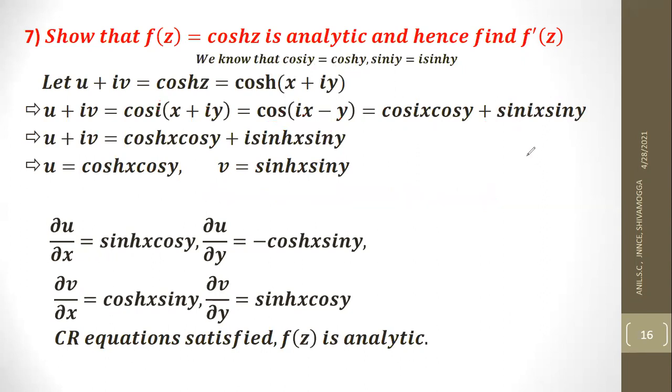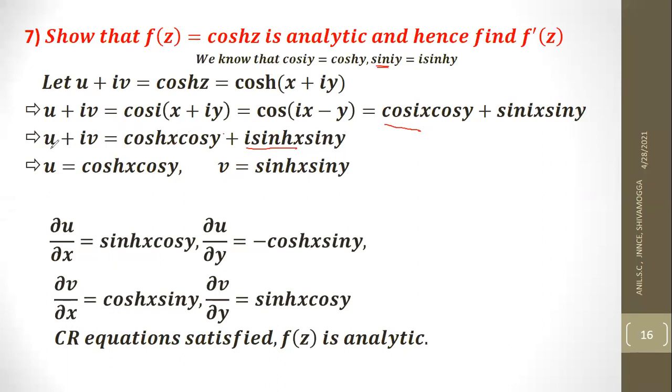Now separate real and imaginary parts. Here, u plus iv is equal to cos ix cos y plus sin ix sin y. We know that cos iy is equal to cos hy. Therefore, cos ix is equal to cos hx into cos y. And sin ix, we know that sin iy is equal to i sin hy, therefore sin ix is equal to i sin hx, and keep this sin y as it is.